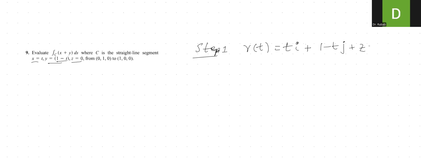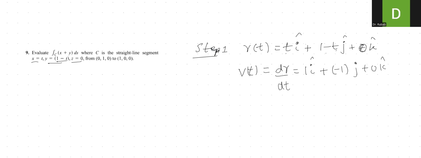Right? From this position vector, we find velocity, which is the derivative of r with respect to t. The derivative of t is 1, i. The derivative of 1 minus t is minus 1, j, and it is 0. Now the velocity magnitude.